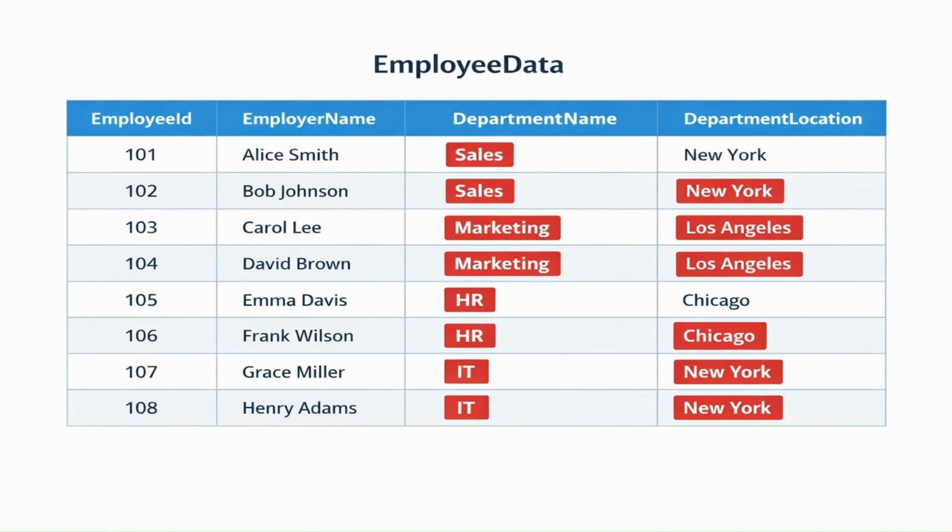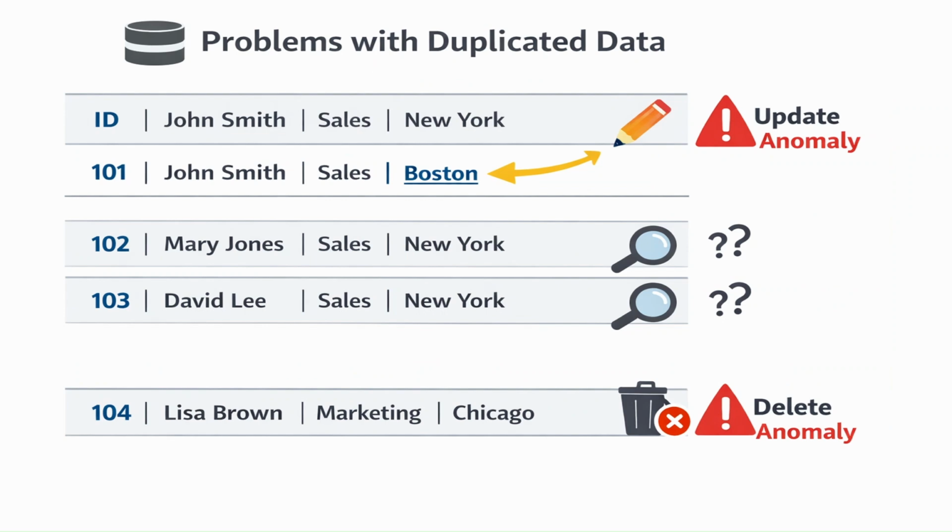Apart from this, we have a few problems as well. So let's talk about it. Let's say I want to change this New York location to Boston. If I need to do that, I need to update multiple rows. Why? Because as explained, we have multiple entries for New York. You can see over here, and over here.